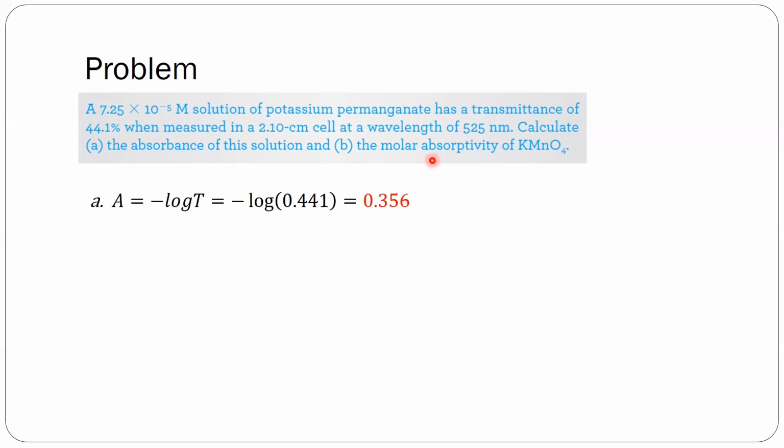To get the absorbance, remember, it's a unitless quantity. So wala siyang dimension or unit. Remember, A equals negative log of T lang. The transmittance is 44.1%, so negative log of 0.441 is 0.356.